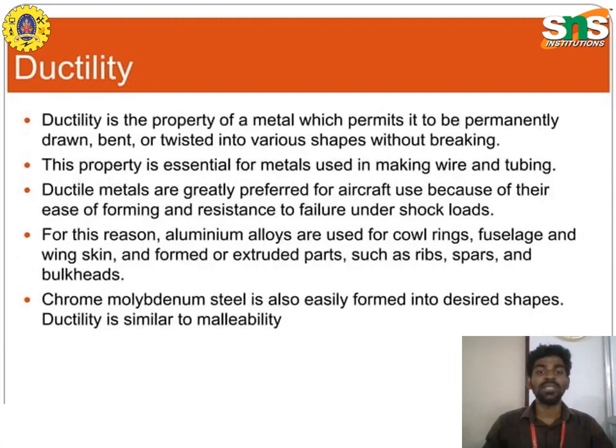Ductility means the object can be permanently drawn, bent or twisted into various shapes without breaking, and this property is essential for metals used in making wire and tube.